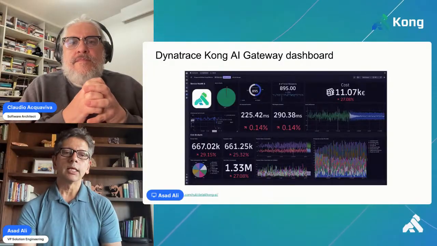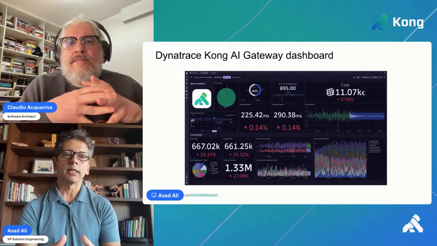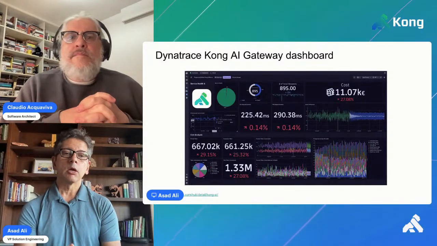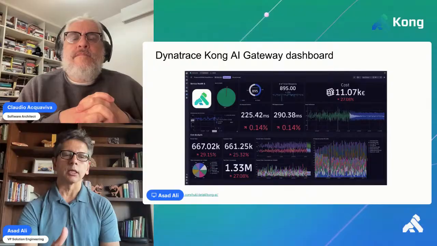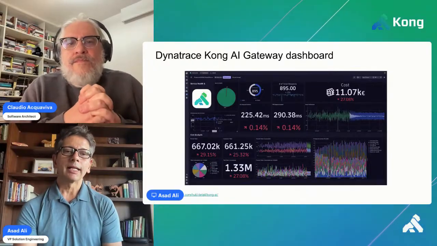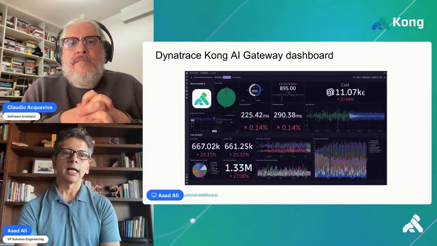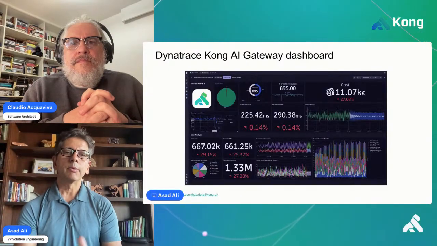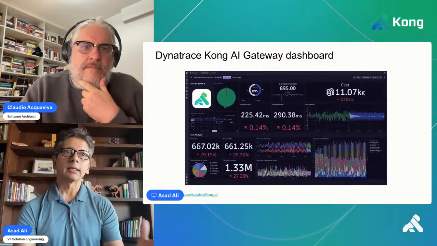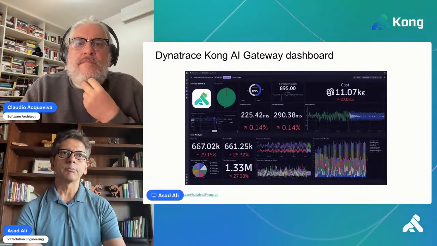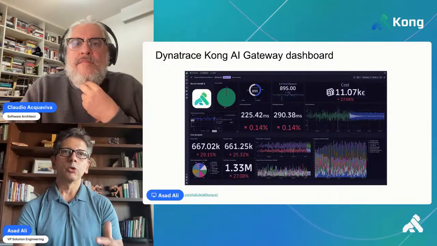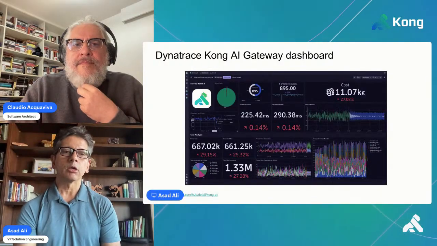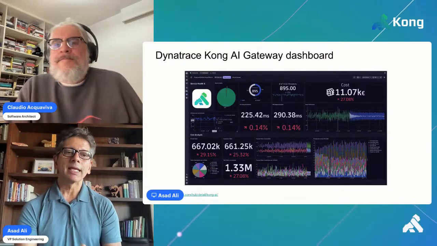Another thing you can do, as I mentioned, is that as part of observability, one important thing is not only to alert you and find the root cause, but also to do prediction. That's what you see on the right-hand side in the middle tile of the dashboard, where Dynatrace is able to look at the historical data and predict that in this time period, we expect your utilization of the model to go up by so much, or this is the amount of money, or this is the number of requests you'll be making in the future.